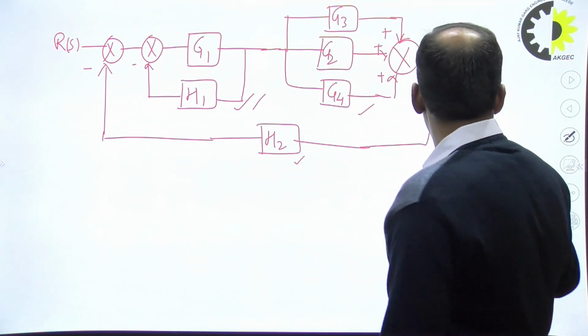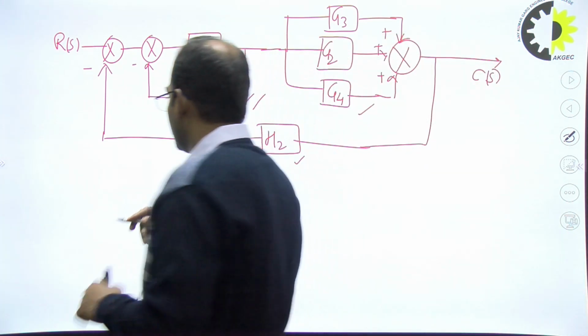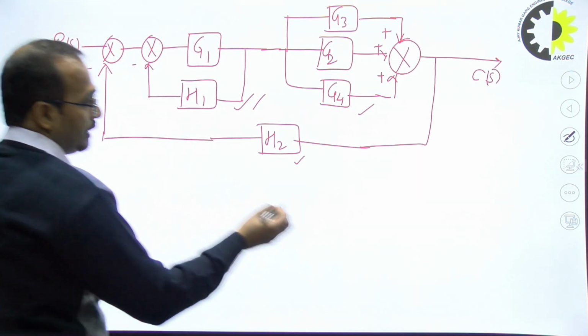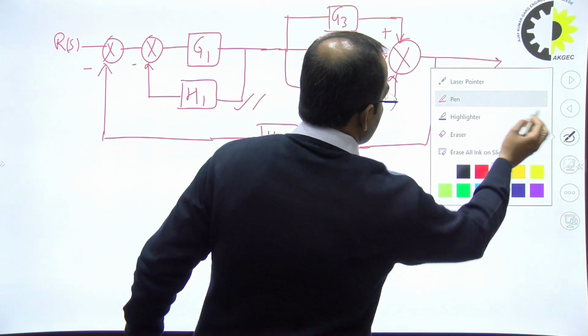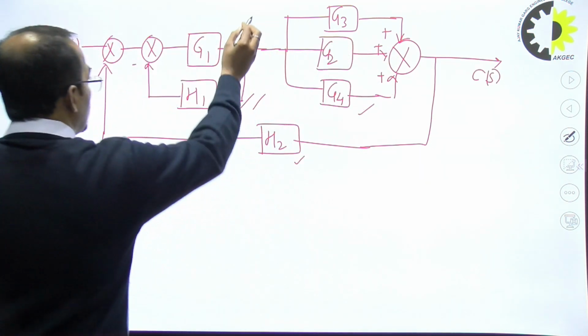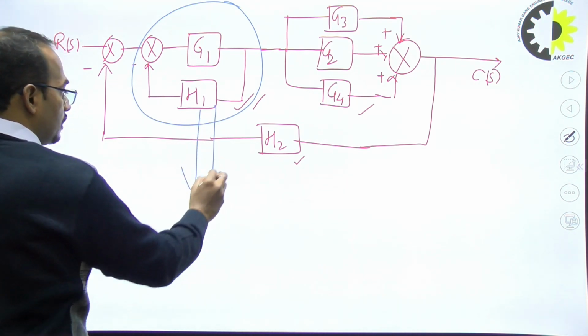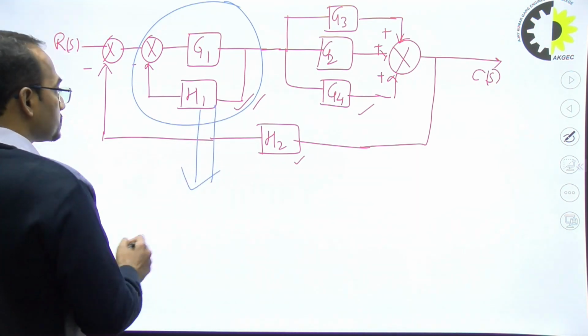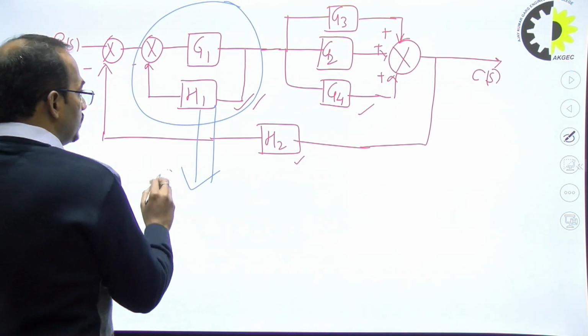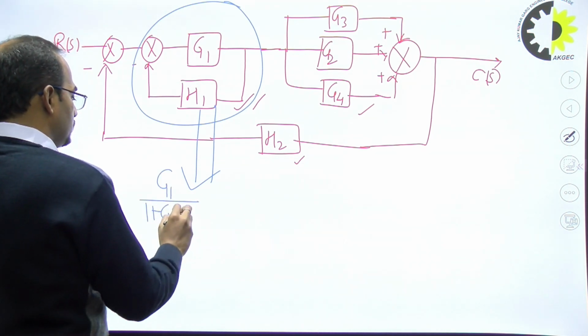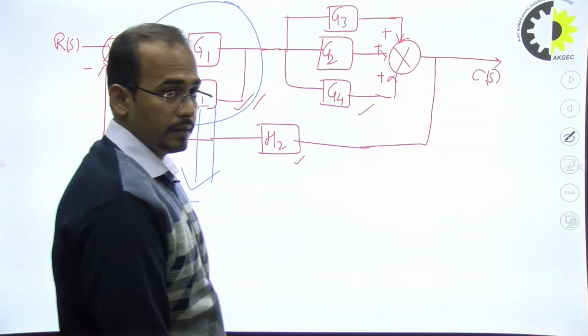So step 1 will be this canonical form. First of all we will reduce this block, and after reduction I will get G1 upon 1 plus G1 H1.